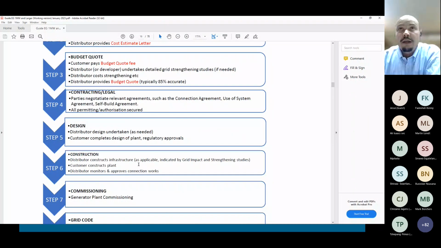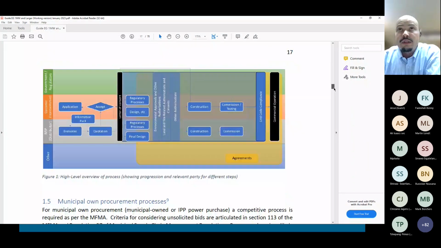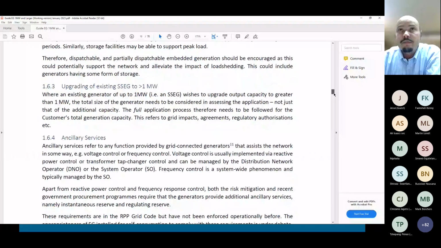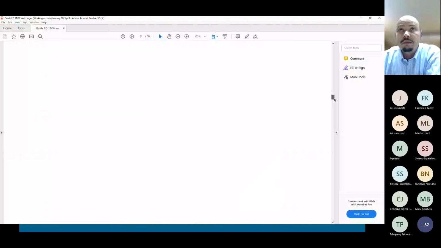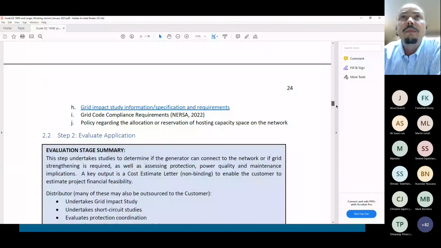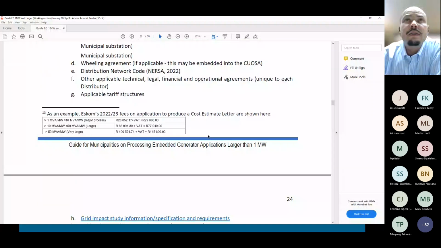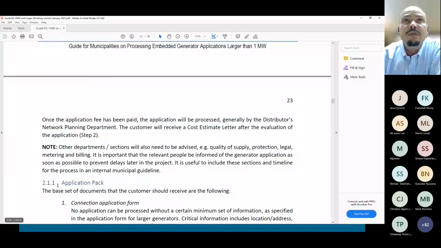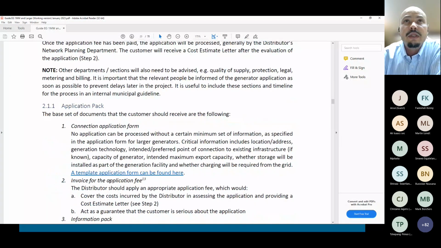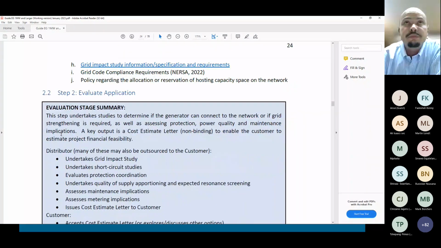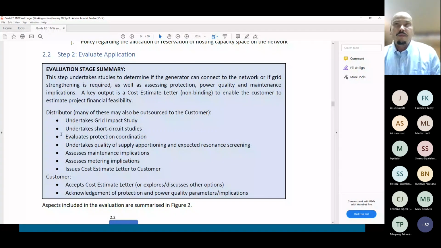You find that in chapter 2. Scroll down. It starts about here. That's 2.1.1, the application pack that we've discussed, and there's evaluate the application, 2.2.